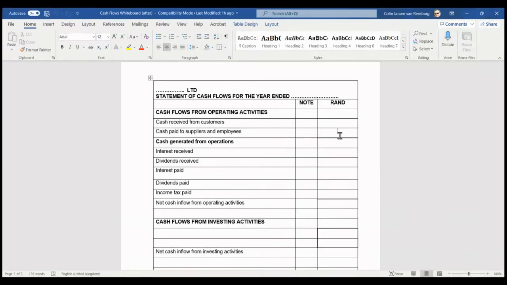You need the opening and closing balances for the year from your statement of financial position, and then you might have to refer to some of the notes as well. If you've got all the other 4 components of this set of financial statements, then you've got all the information you need to be able to draw up this statement of cash flows.